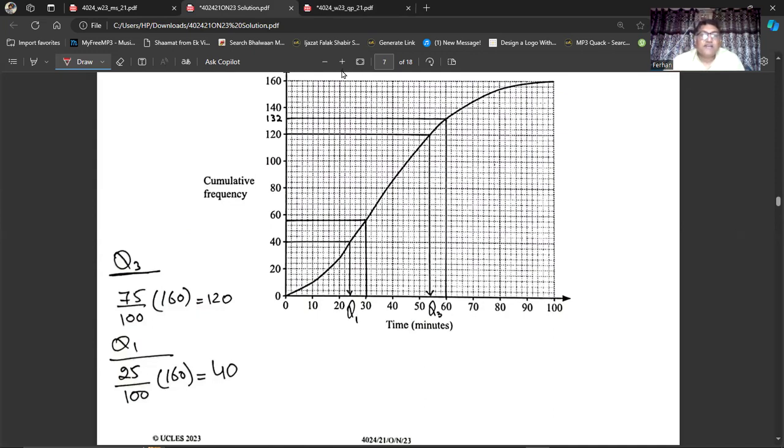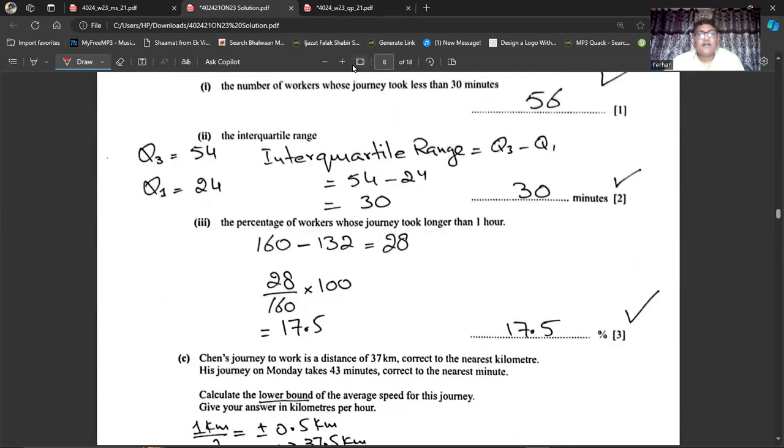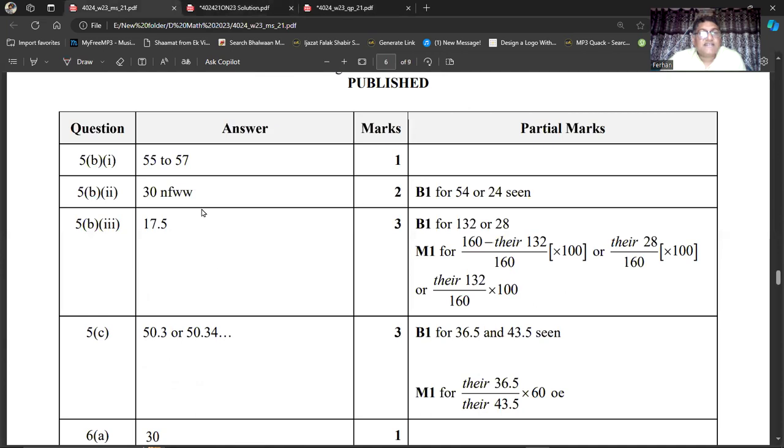So hopefully you understand this. Then you know the formula for the interquartile range is Q3 minus Q1, upper quartile minus the lower quartile, and that will be 54 minus 24, and that will be 30. So 30 is the answer, and yes, sir, this is the right answer.